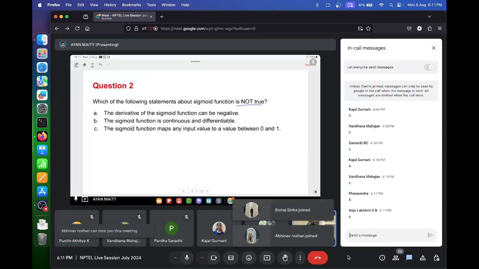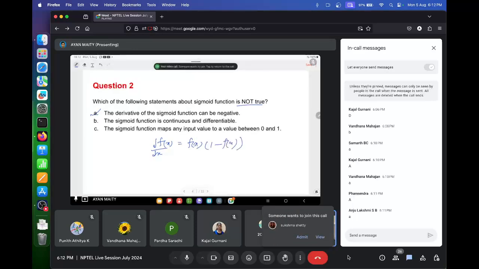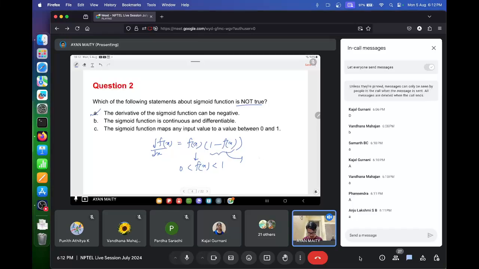The correct answer is option A. All of you have written the correct answer in the chat. As we already discussed in the last question, if f(x) is the sigmoid function, then the derivative with respect to x is f(x) into 1 minus f(x). f(x) ranges from 0 to 1, so 1 minus f(x) certainly ranges from 0 to 1.